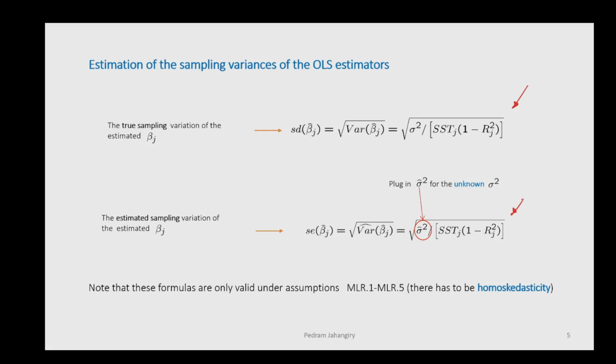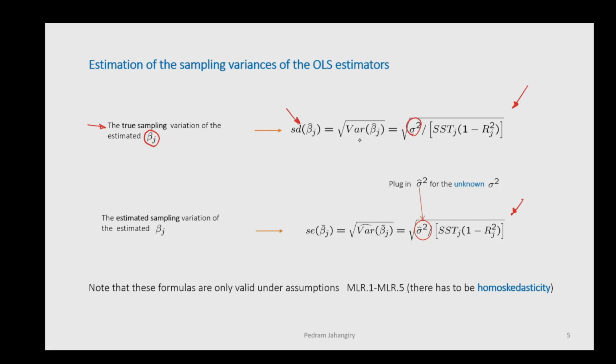But in terms of notation and terminology, I want you to be aware that whenever we use sigma square in the model, because this is something unobservable and a property of the population, we call it the standard deviation, SD. So the true sampling variation of the estimated beta j is shown by SD, the standard deviation of beta hat j, and this is the formula.